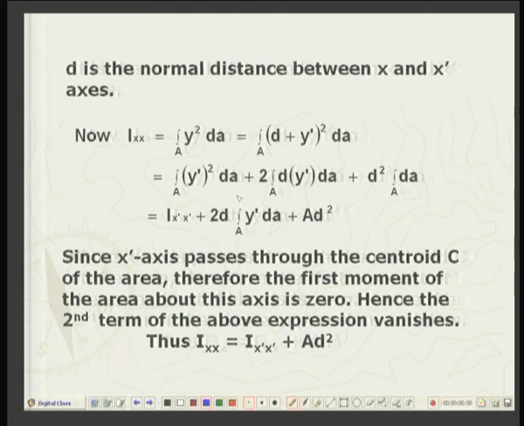Since the x dash axis lies on the centroid, the y coordinate will be 0 obviously. So, this integral will be 0.